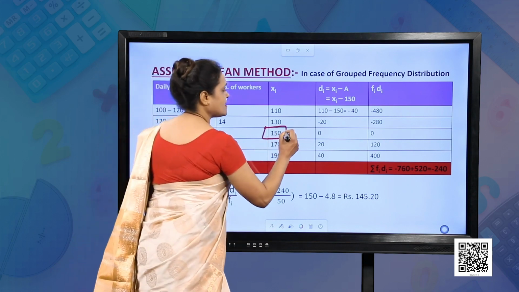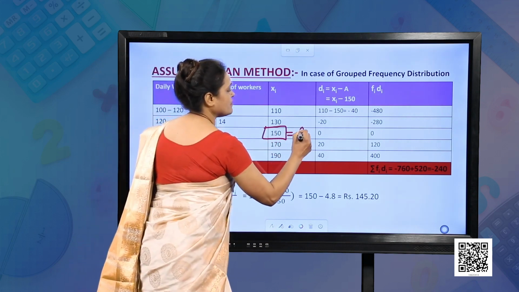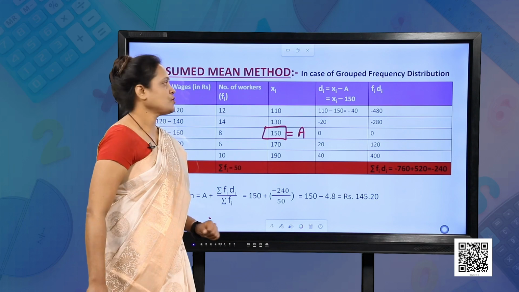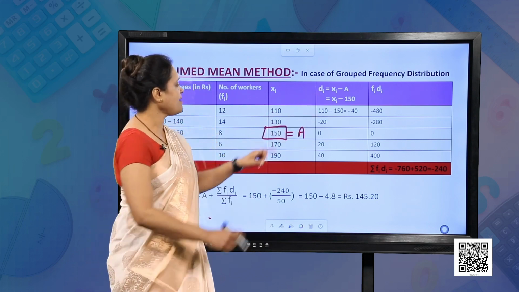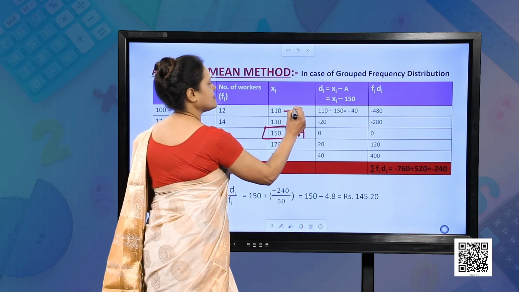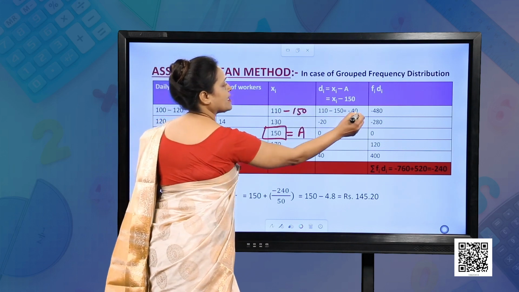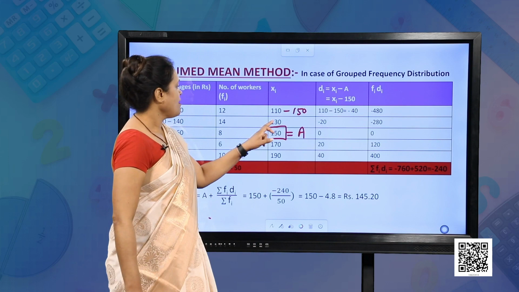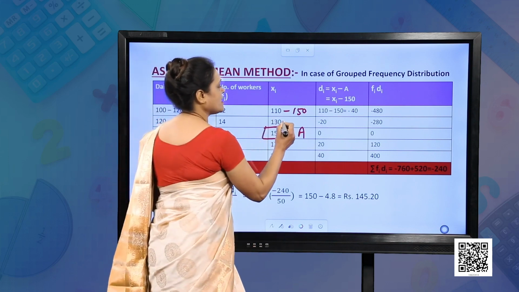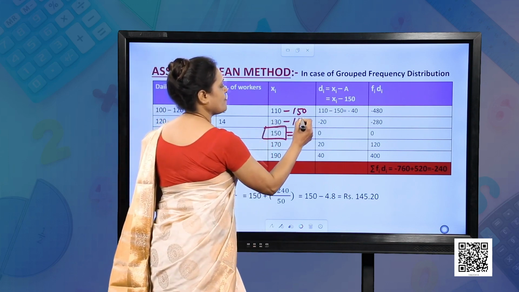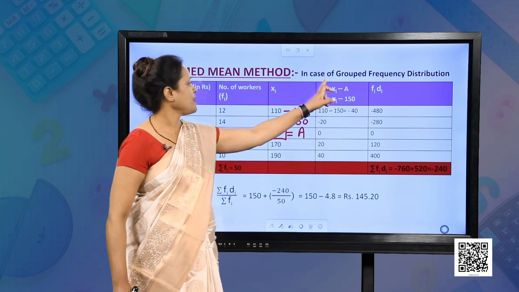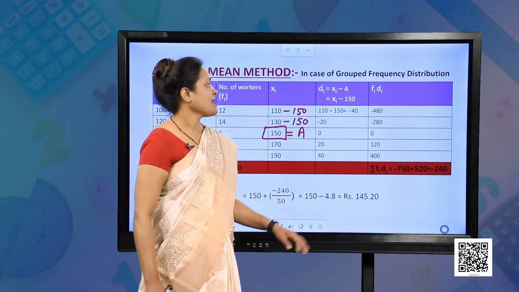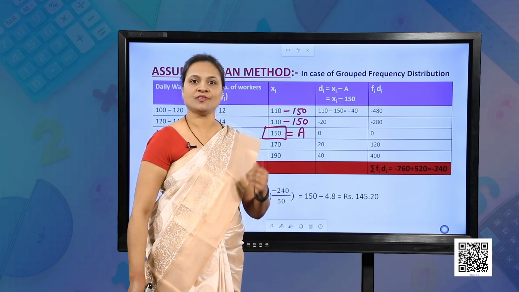In this case, this is our assumed mean A. So, we will calculate Di. For the first case, it will be 110 minus 150. So, it gives minus 40. For the second, it will be 130 minus 150 and it will give the value minus 20. So, we get Di.